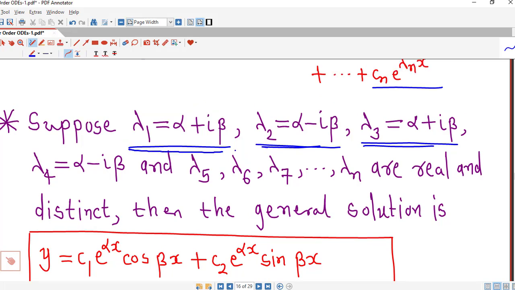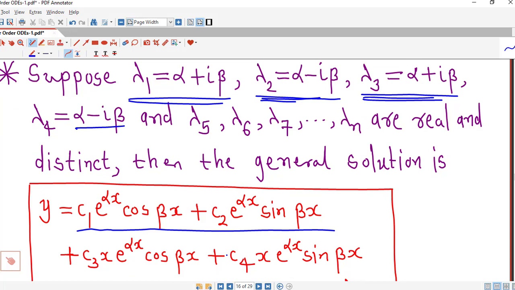Corresponding to the first pair, this is the part of the general solution: e raised to alpha x cos beta x plus e raised to alpha x sin beta x. Now for this pair also we have to write these functions, e raised to alpha x cos beta x, e raised to alpha x sin beta x, but they will be repeated. So to make them different we have multiplied by x. So this is the part of the general solution corresponding to the second complex pair, alpha plus or minus i beta.